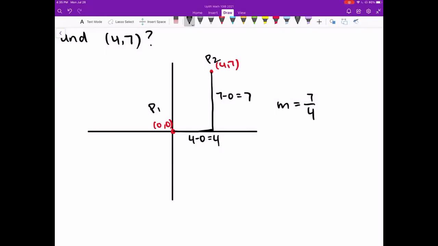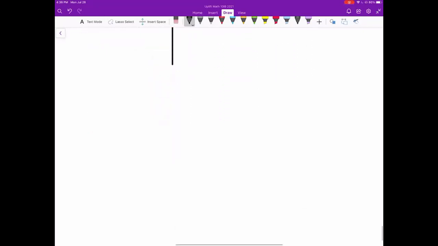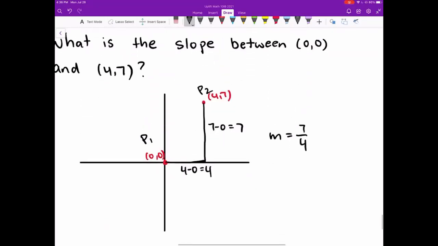Okay, let's move on. So next thing we're going to talk about is x and y intercepts. How did I get negative though? You had a negative in the numerator and the denominator, so you could just cancel those out and it'll become positive.